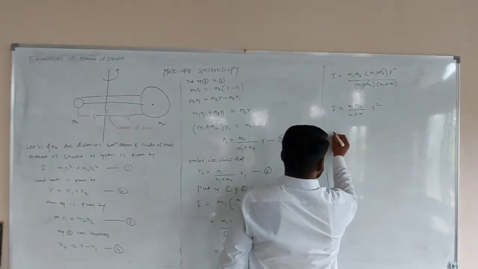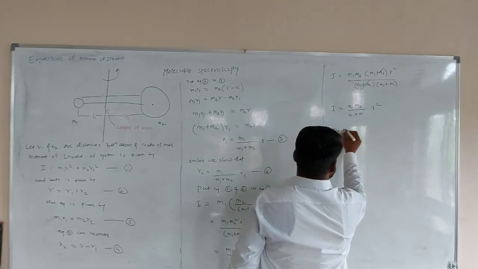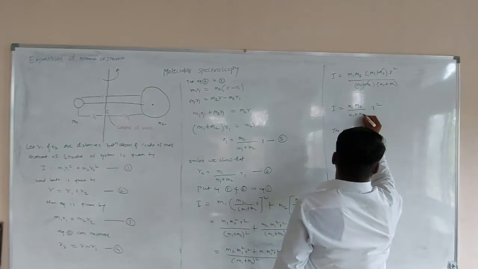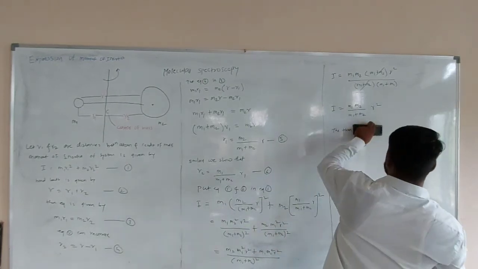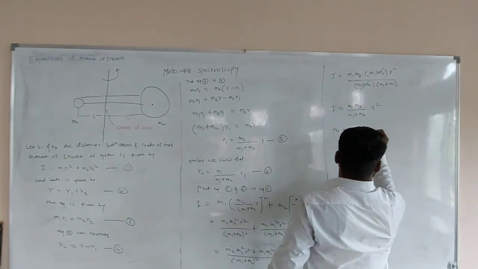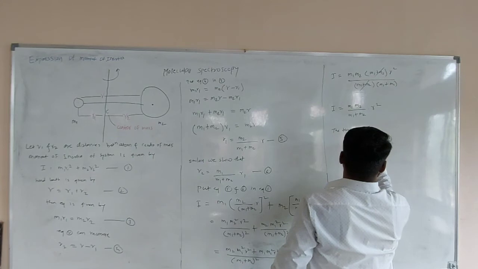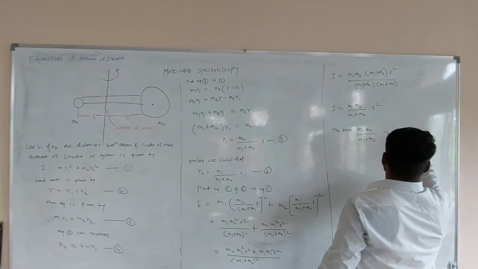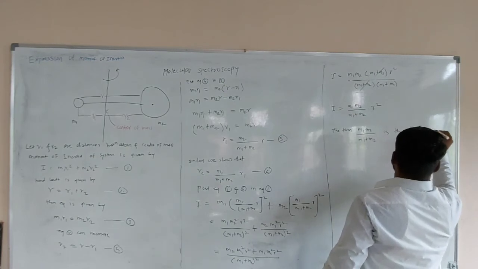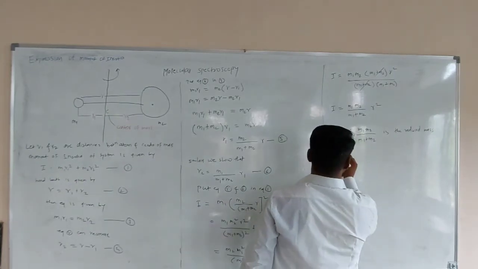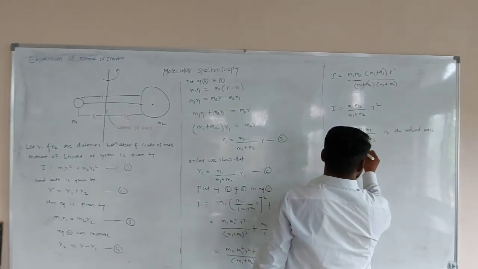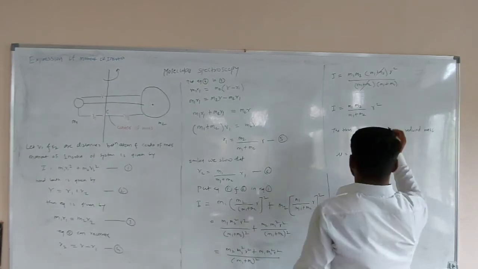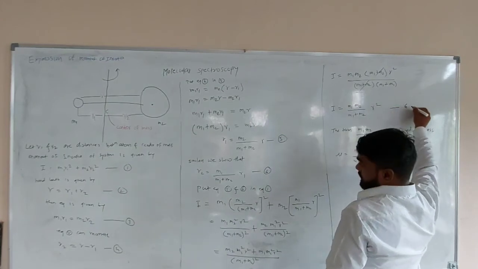Now the term m1 m2 divided by (m1 plus m2) is the reduced mass. The reduced mass mu is equal to m1 m2 divided by (m1 plus m2).